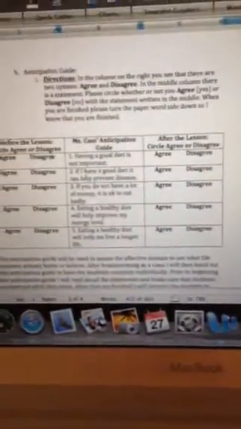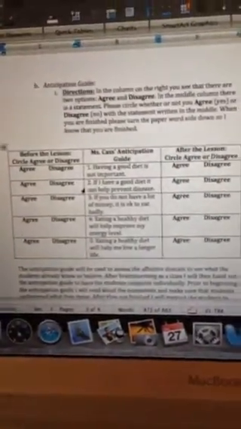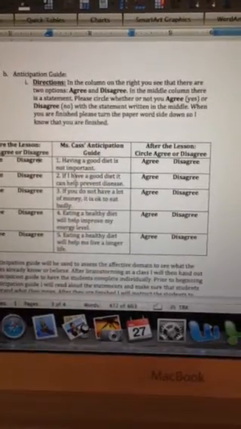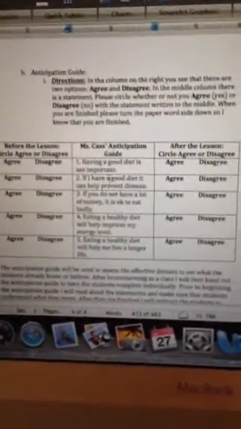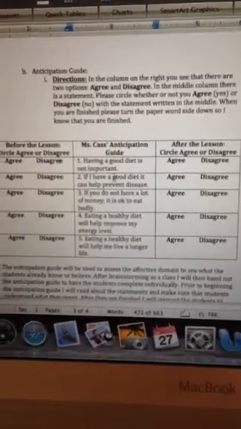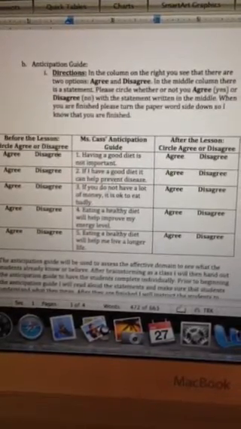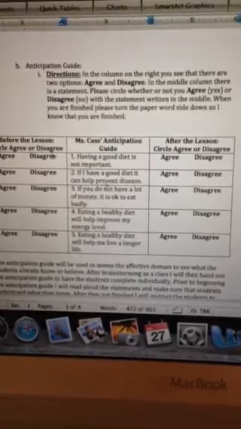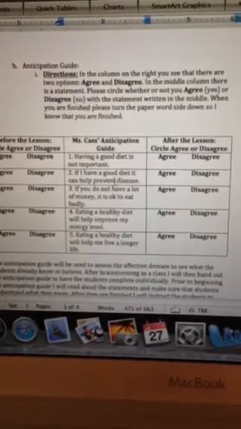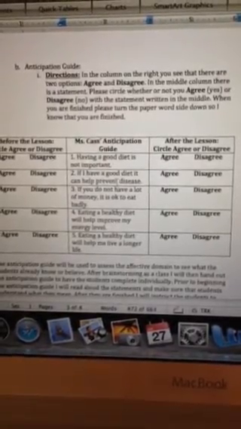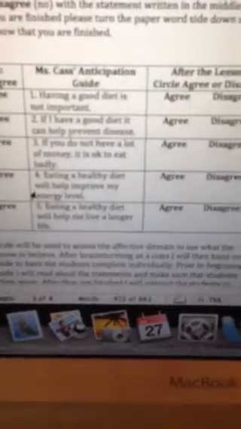So the first one was having a good diet is not important. Number 2, if you have a good diet, you can help prevent disease. So disease means things like problems with your heart, being overweight, things like that. If you do not have a lot of money, it's okay to eat badly. Eating a healthy diet will help improve my energy level.